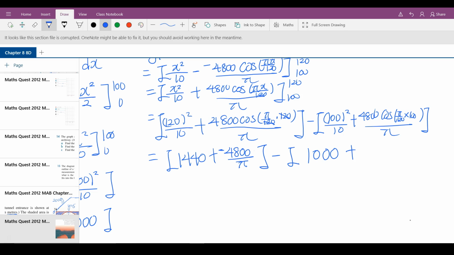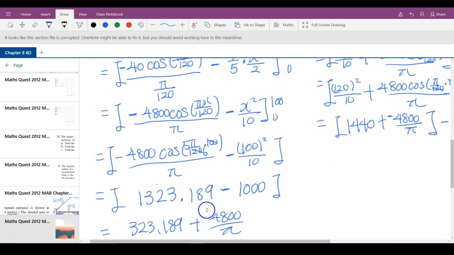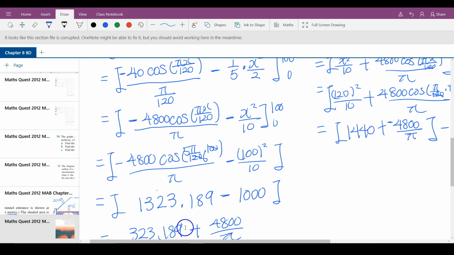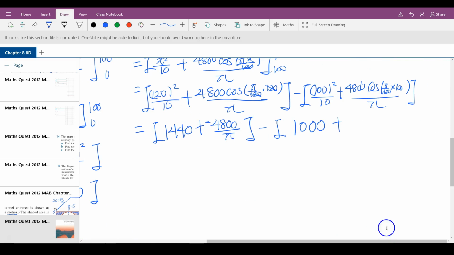I think we did this before as well, right? Cos pi over 120 times 100, so that's cos 5 pi over 6, and we did that before. We did that over here, right? So this is 1,323.189.